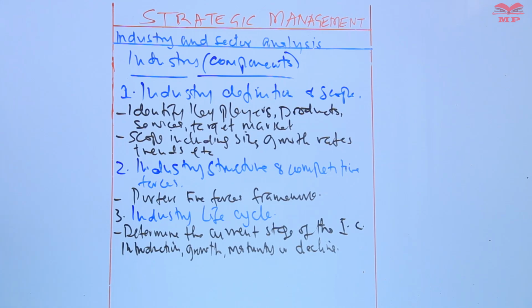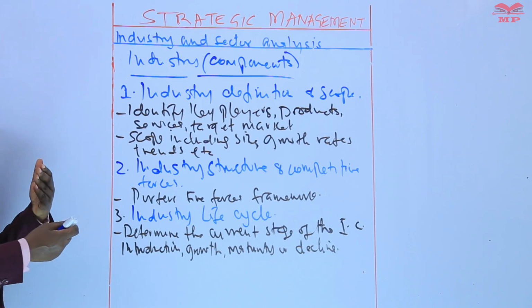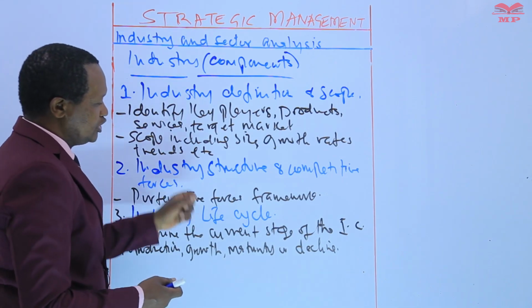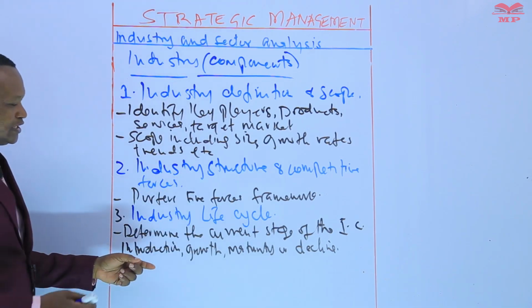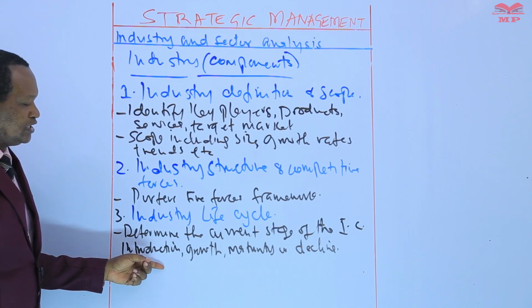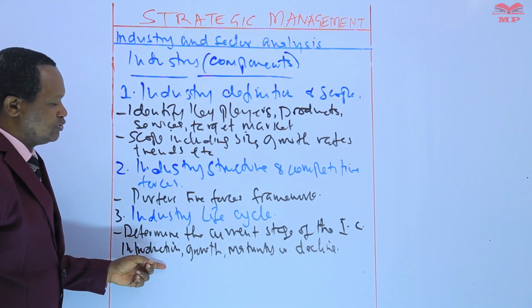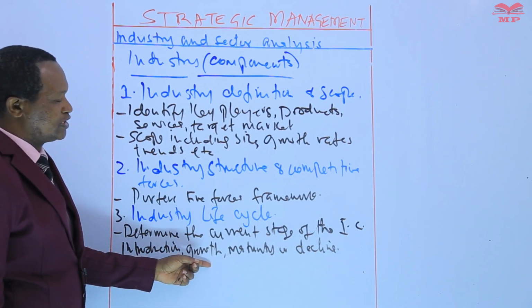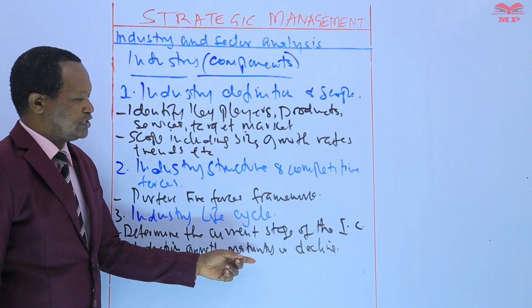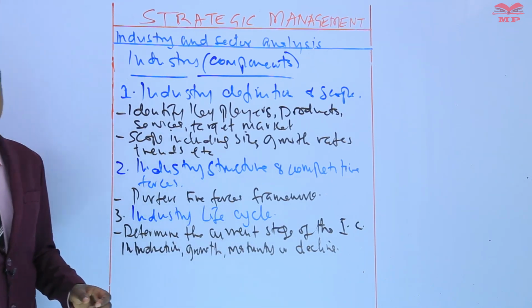Also, in analyzing the industry, one should endeavor to understand the characteristics and the challenges associated with each stage. What are the characteristics of the introductory stage? What are the challenges? What about at maturity, at decline, and so on?